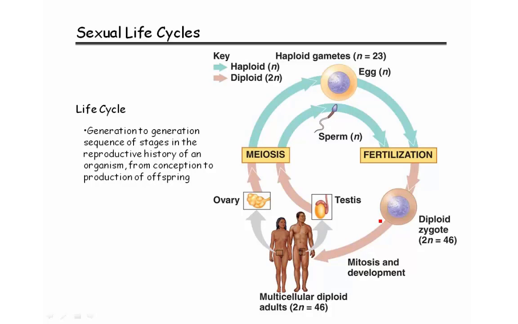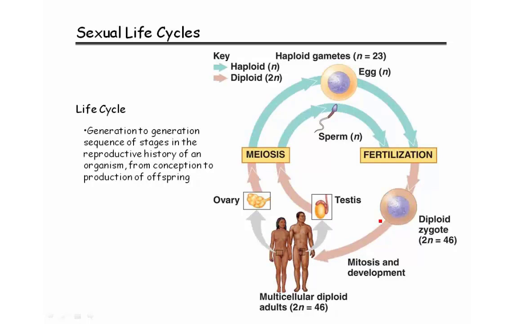Specific cells in those reproductive organs will undergo this new process of cell division called meiosis. This meiosis is what's typically called a reductive cell division, and that's because it is going to reduce the chromosome number, and it's also going to reduce the ploidy.